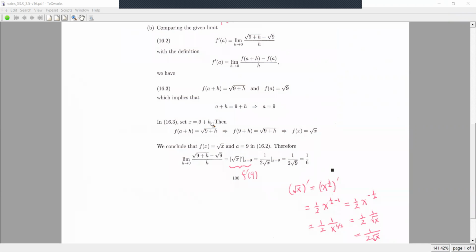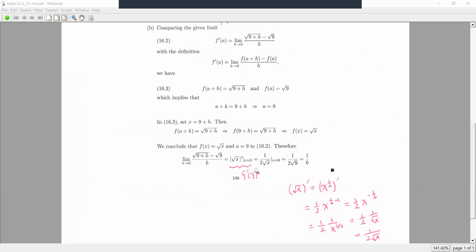Now, replace 9 plus h by x, then we have f of x is equal to square root of x. So we conclude that the function f in part B is square root of x, and the point a is 9. Therefore, the given limit is derivative of the function at the point 9.